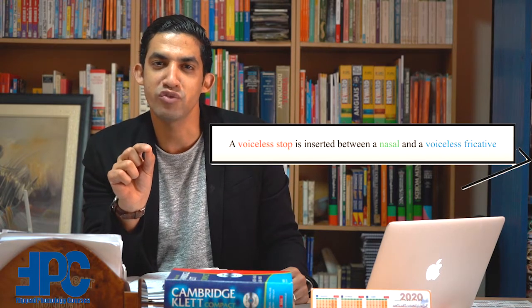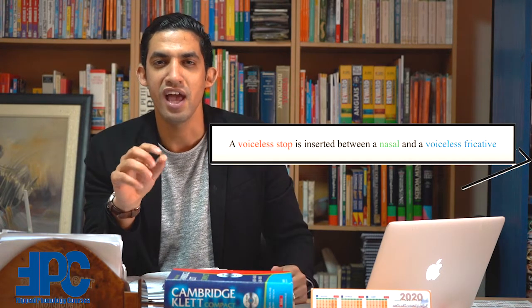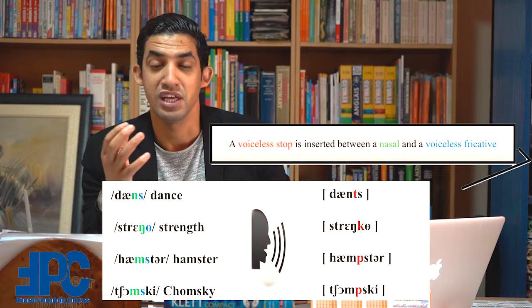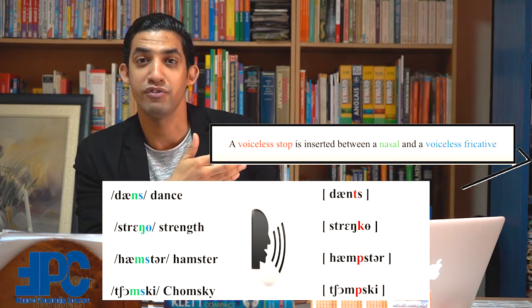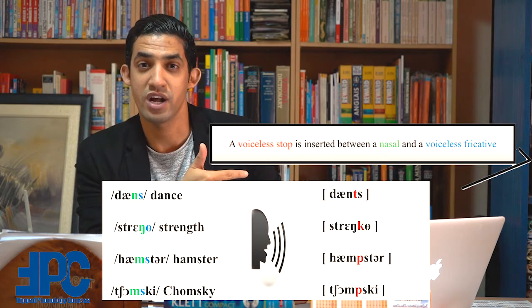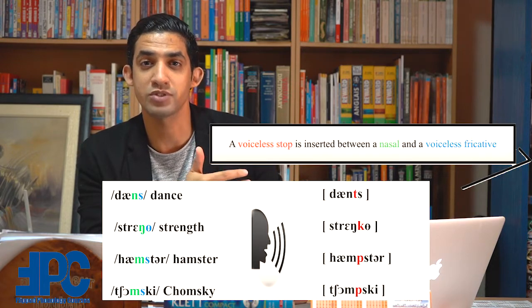Let's take another example of insertion, but this time in English. It's a very strange example. This happens to some speakers of English, specifically in fast speech. It's an example of inserting a voiceless stop between a nasal and a voiceless fricative. These are examples: dance, strength, hamster, Chomsky.